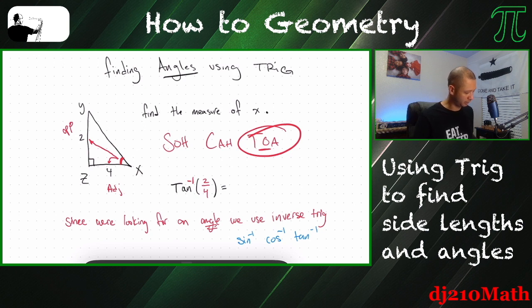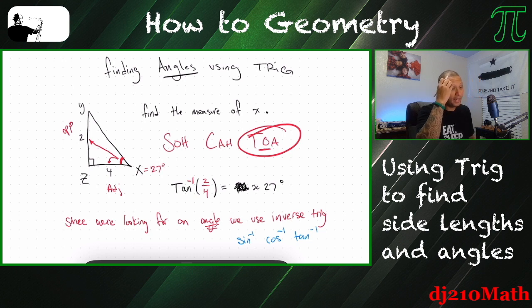So we go to inverse tangent, 2 over 4. And we get 26, we'll call it 27 degrees, because this is an angle. So x is equal to 27 degrees.